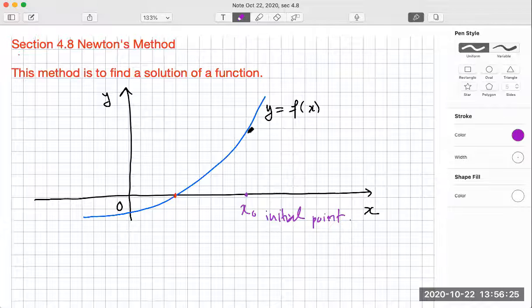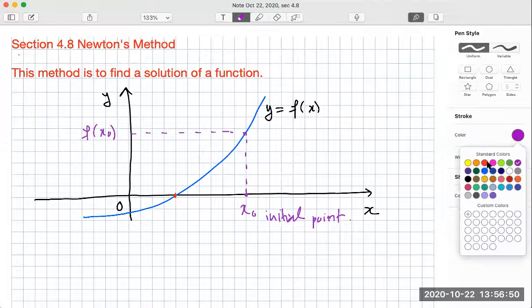From this point, can we find the tangent line of this graph? This is the point x0 and f(x0), right? This position. And the tangent line of this will be this line.